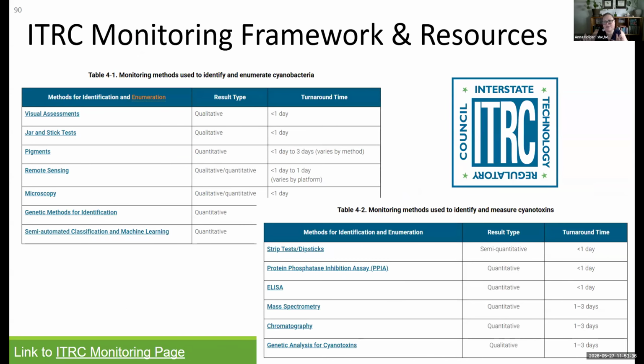We just wanted to flag that they have a really great monitoring page, and there are some tables here that can help if you want another perspective on how a different organization thinks about monitoring and procedures and things like that.